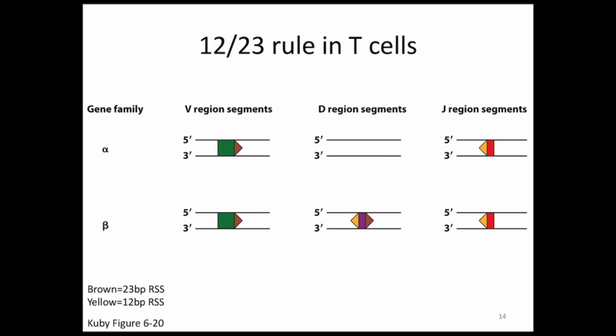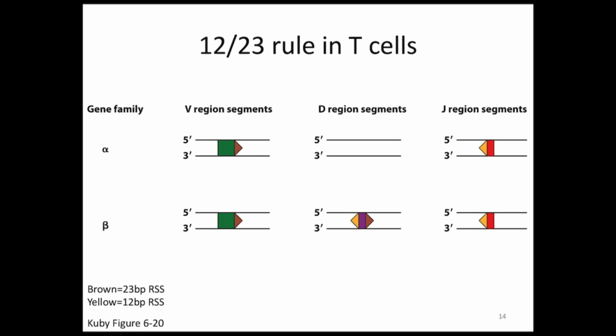So you can see we have our two kinds. One's on D, the other one's on V and J. Now if you look at what you see in the beta chain, or in the T cell heavy chain, you see that we've got something different. It doesn't look the same. So you can see that now D has a different RSS on either side. V and J have different RSSs on them.